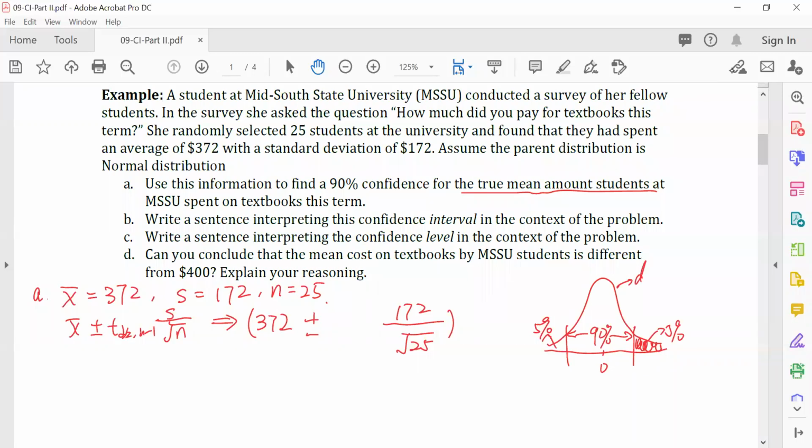The degrees of freedom is n minus 1, which is 24. So using the table or StatCrunch, we are able to find the t critical value, which is 1.711. Then we could have our confidence interval to be 313.18 and 430.82.